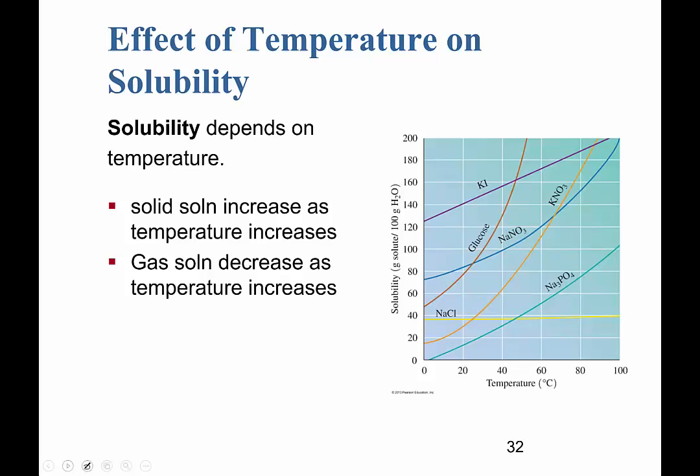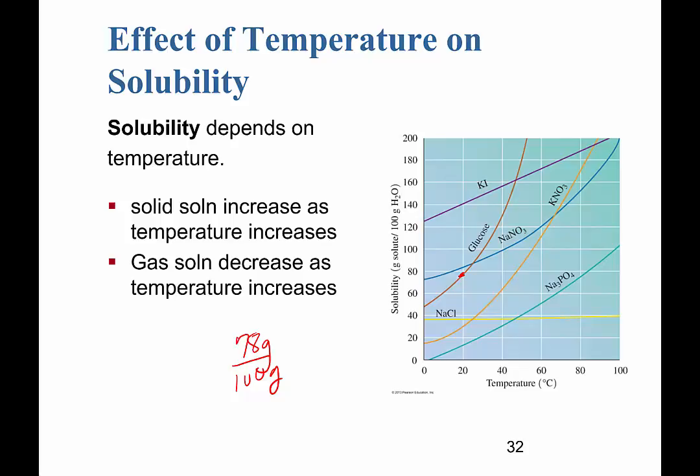A lot of ways that we can look at that is looking at a solubility graph like this. So this is going to be telling me my solubilities. So if I want to look at, let's say, glucose at 20 degrees, there's glucose at 20 degrees, looks like I could dissolve maybe 78 grams. So 78 grams would dissolve in 100 grams of water.